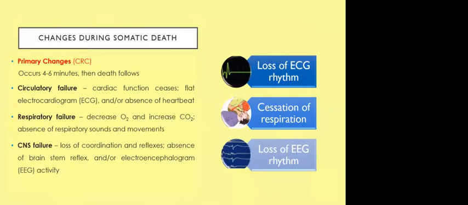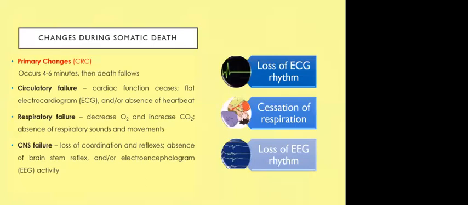So if both of these are absent, it means that the patient already started to have these primary changes. So this one can be confirmed by a process called electrocardiogram or ECG. So upon checking, flatline. So when it is flatline, it means the heart already stopped functioning. So circulatory failure.